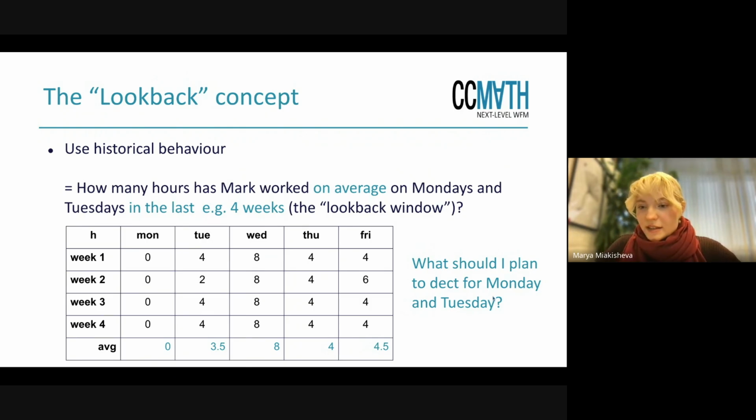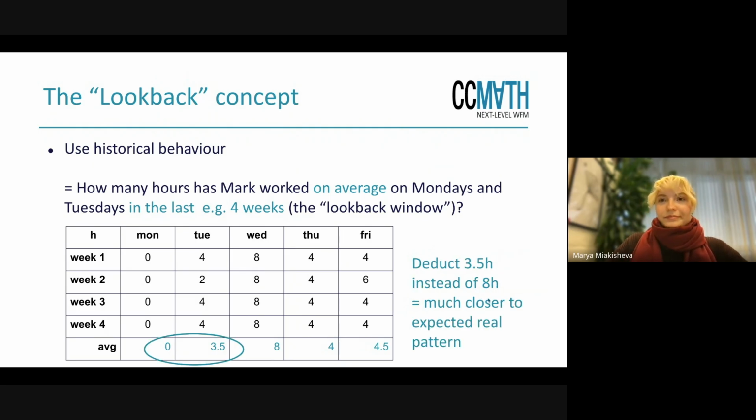Okay, I see here some person says still none if it's based on a Dutch 0-hour contract. Well, Mark has a 20-hour contract, so he has to work 20 hours a week. Yeah, and with this example, we get to 3.5 hours can be deducted, or this is the number against which we should check whether we can approve his request.